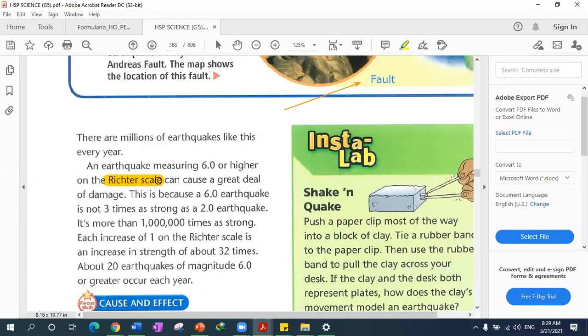Some people felt it, others didn't. So how do I know if an earthquake is so strong? Well, if this earthquake is maybe 2.0 on the Richter scale, that means I will not be able to feel it. It's not so strong.